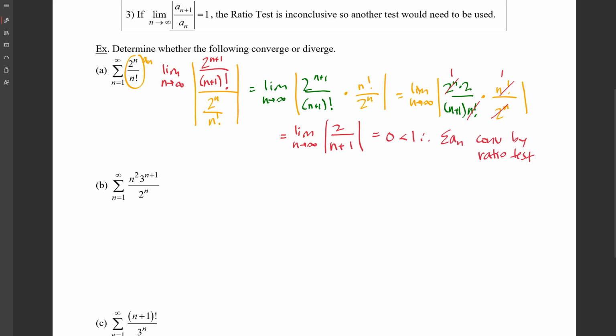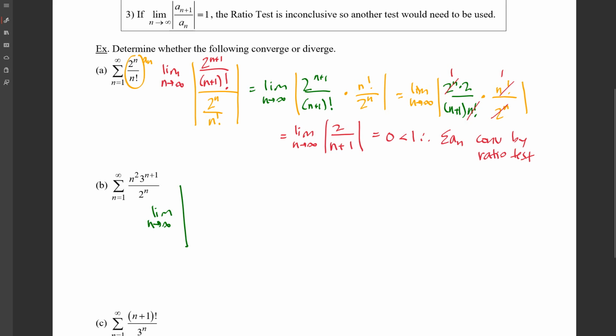Let's look at letter B. Letter B has this expression here. I'm going to implement the ratio test on it. To do that, what I do is I take the limit as n goes to infinity of the absolute value of, I take every n and I replace it with n plus 1.